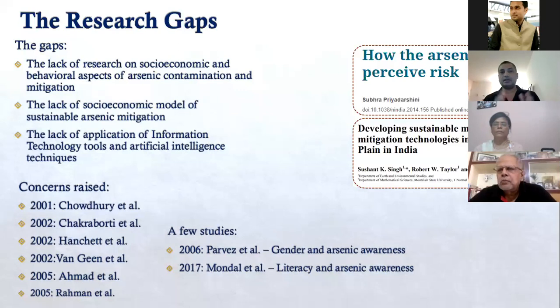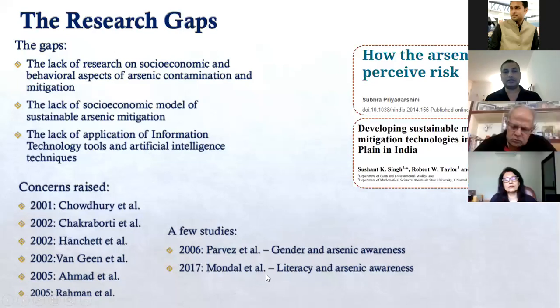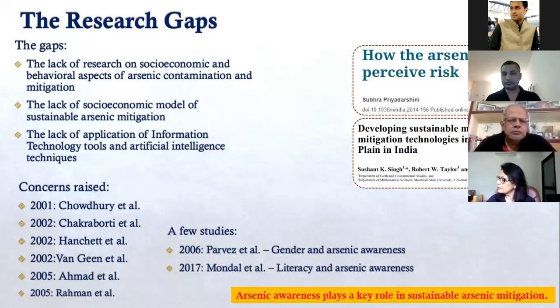There are some other studies that say maybe gender and others. In the recent one in 2017, Mondal et al. found that literacy has a positive association with arsenic awareness. So by that time, it was very clear that arsenic awareness plays a key role in sustainable arsenic mitigation.